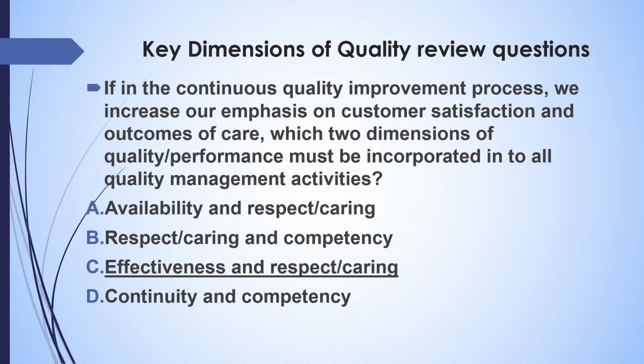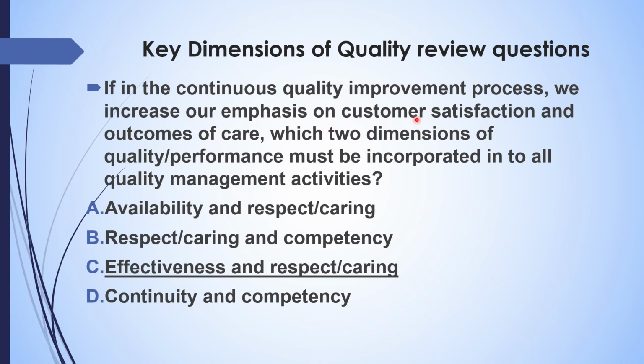If in the continuous quality improvement processes, we increase our emphasis on customer satisfaction and outcome of care, which two dimensions of quality or performance must be incorporated into all quality management activities? So customer satisfaction and outcome of care.